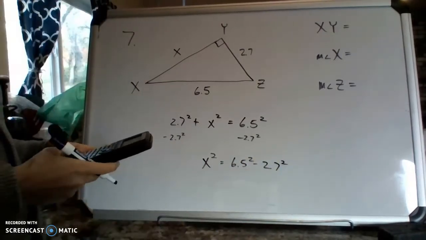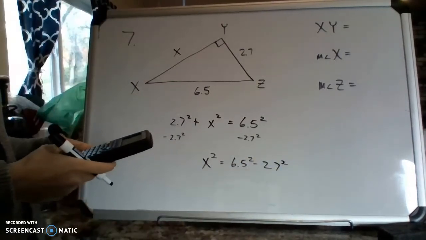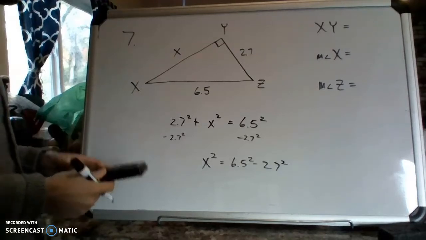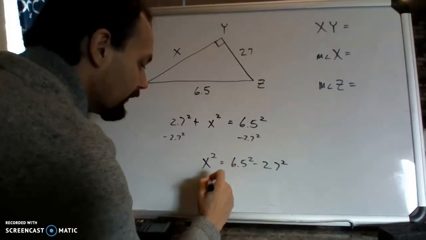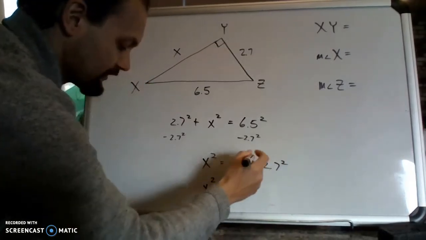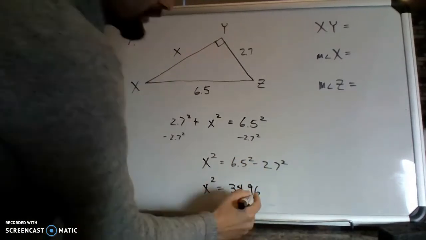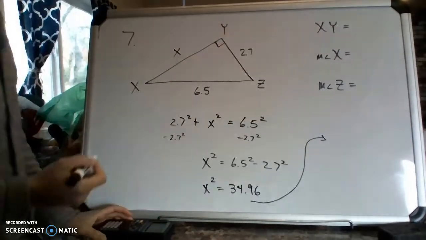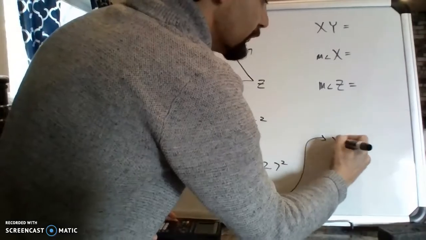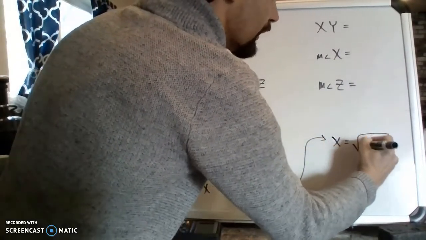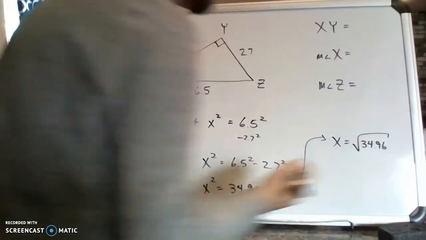Now at this point, if you want to, you can calculate it, or maybe you've already calculated what that is. But this value comes out to be 34.96. So then, if x squared is equal to that, x would be equal to the square root of that. And that's something you can use your calculator for.